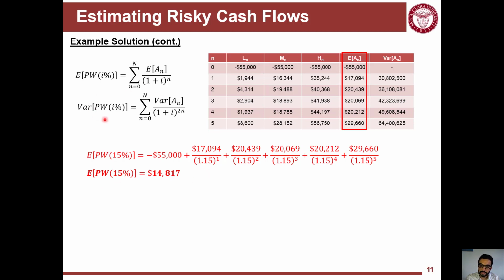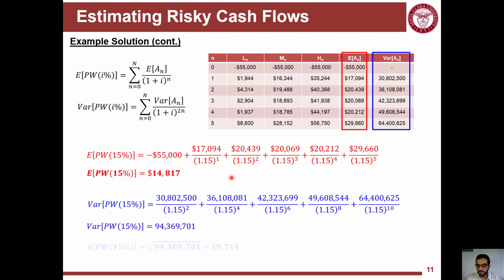14,817. And we apply the formula for the variance. The variance of the first part of the cash flow, which is the initial investment, is equal to 0 because there is no variance. All the values for optimistic, pessimistic, and most likely are the same, so there is no variance. So you can see here there is 0 plus all of these variances, but now dividing by (1 plus i) to the power 2n.